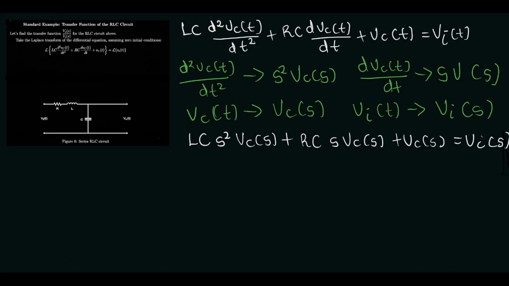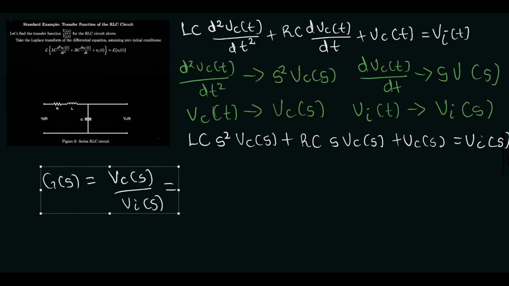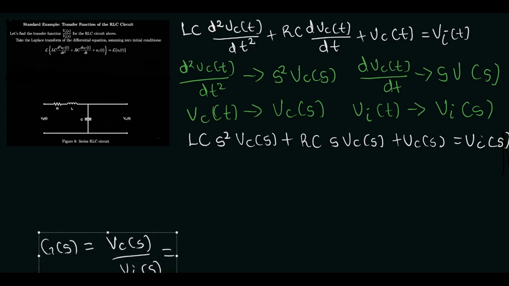So your transfer function G of s equals this right here, Vc of s all over Vi of s. Before that, to make it easier, let's factor out our Vc of s first.